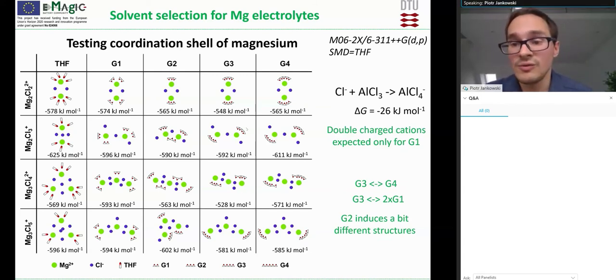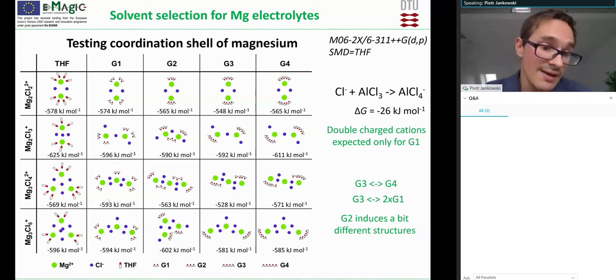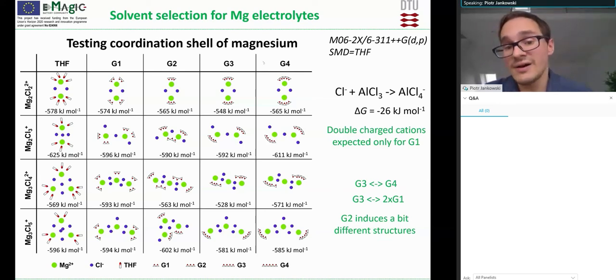So if you look at this only for monoglyme, the differences are very small, and the double charge cluster will be stabilized like this. What's also interesting, if we are comparing tetraglyme with triglyme, we can see that the structures are very similar.